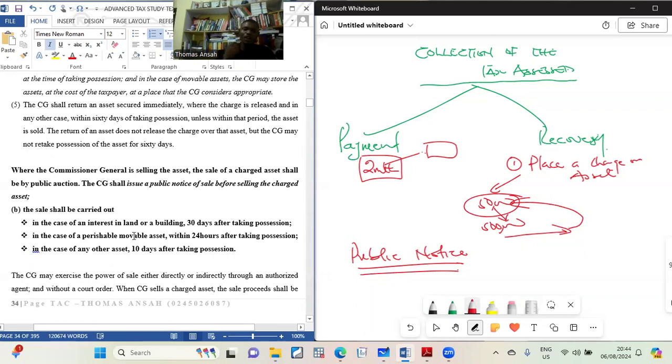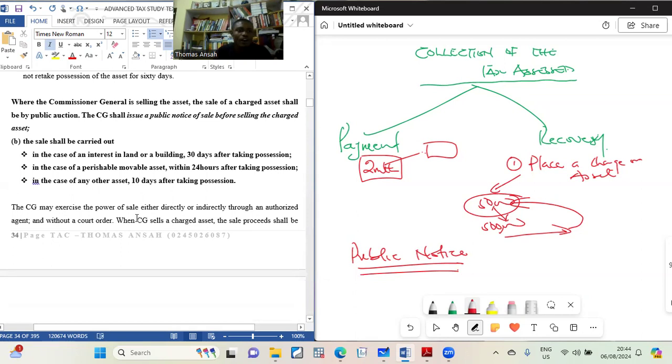Now, what if the Commissioner General is selling an asset? Do you remember that we were talking about some of his powers? We said that he can actually seize your asset or your document. For how many days? Six months. In respect of which one?